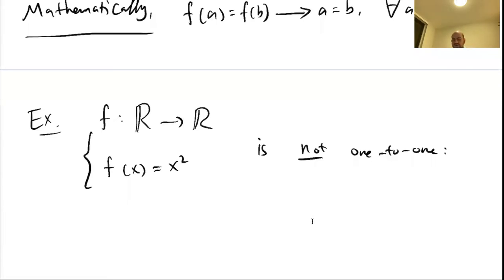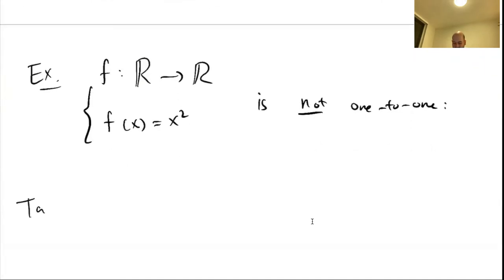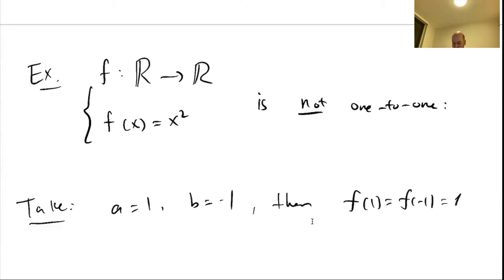Which two different inputs here have the same output? For example, let's say a equals 1, b equals -1, then f of 1 equals f of -1 equals 1, right?